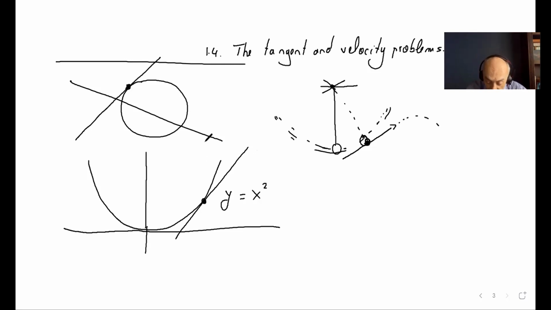But there's also lines like this one here, that is not going to intersect the parabola again at any other point. So the definition of having a line that intersects a parabola at just one point is not accurate. So how do we define then the tangent to a parabola?